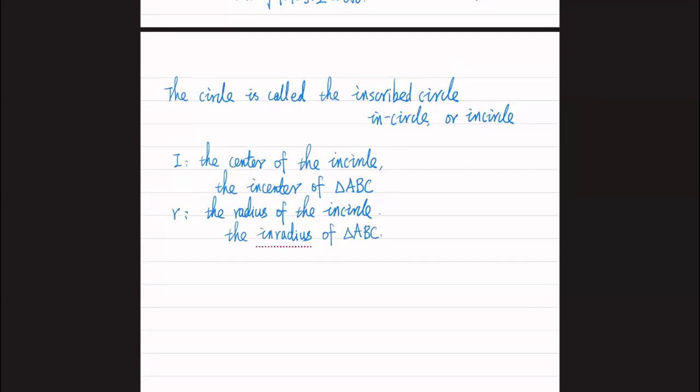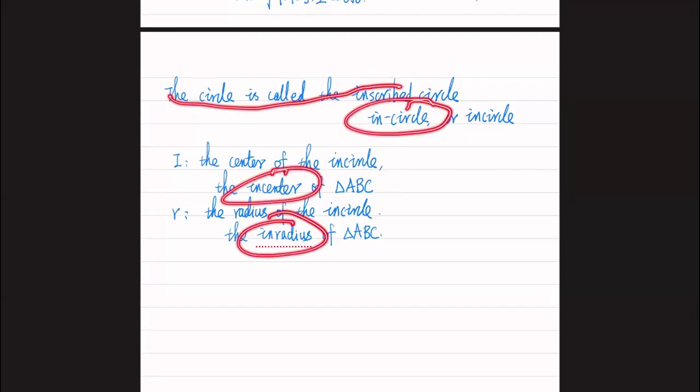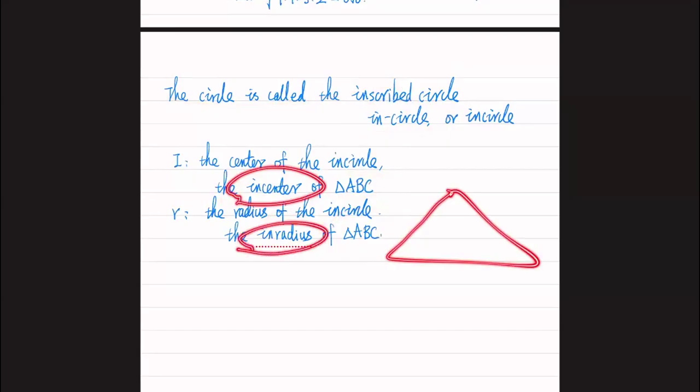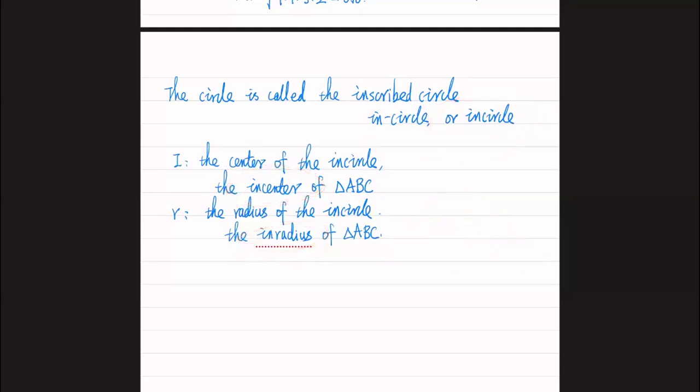So the incircle, incenter, and inradius are all properties of the triangle. For each triangle, you can find the incenter, find the inradius, then draw the incircle.